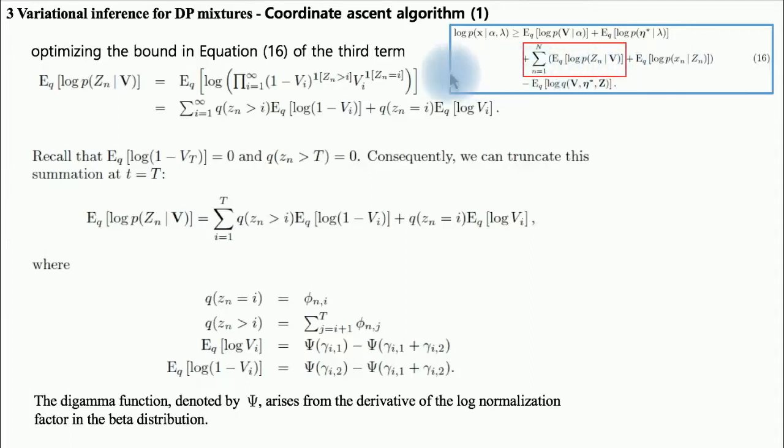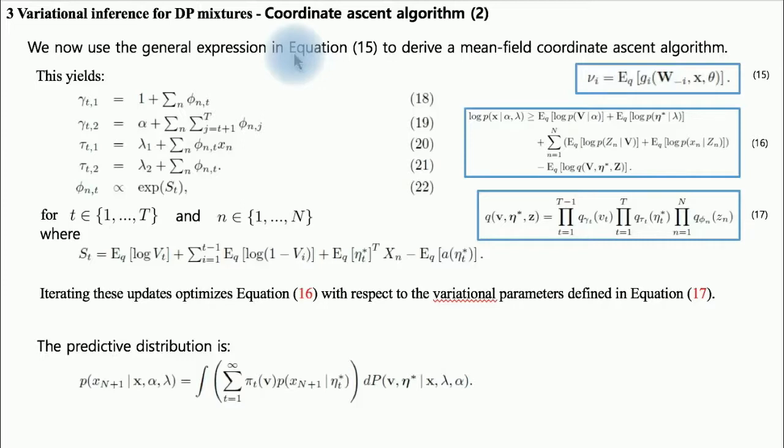We rewrite the third term using indicator variables, and we can truncate this summation at t equal T, as in these equations, and the digamma function, denoted by psi, arises from the derivative of the log normalization factor in beta distributions.